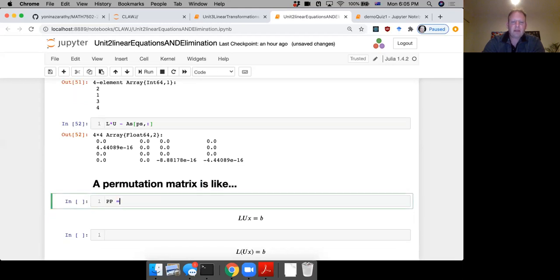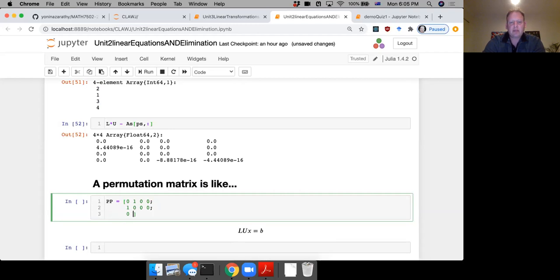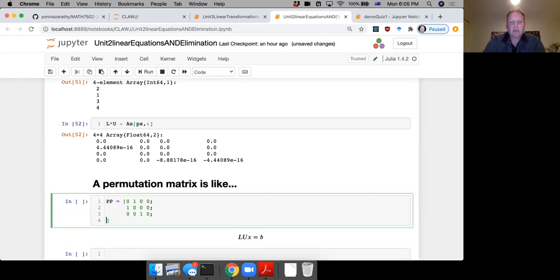I'll make a permutation matrix for this thing. It has 0, 1, 0, 0, 1, 0, 0, 0, 0, 0, 1, 0, and 0, 0, 0, 1.